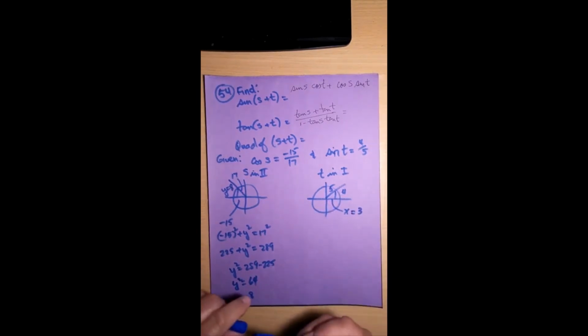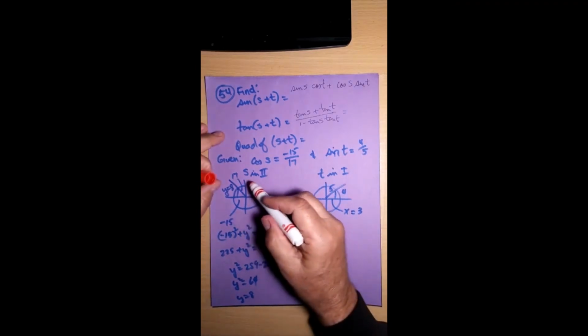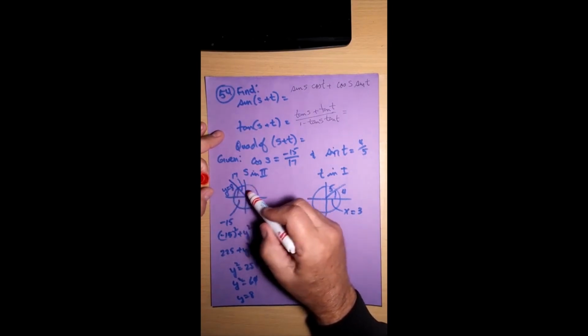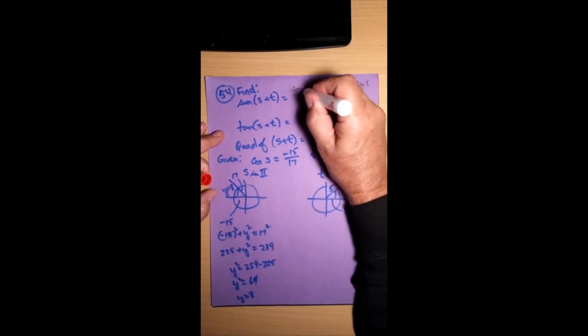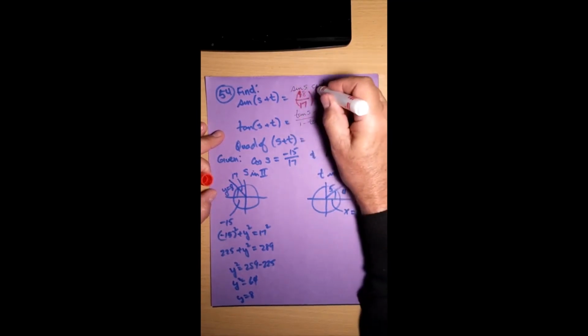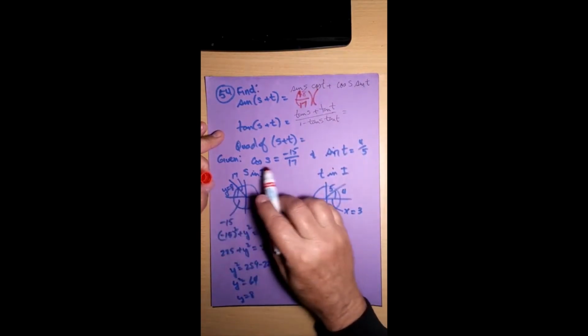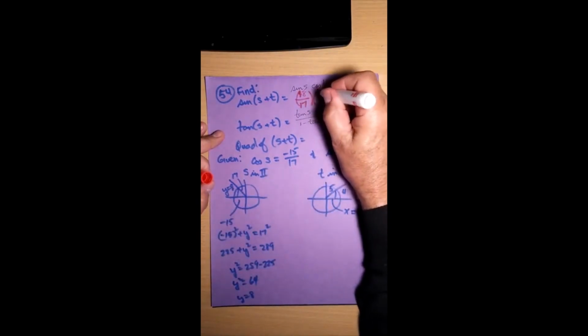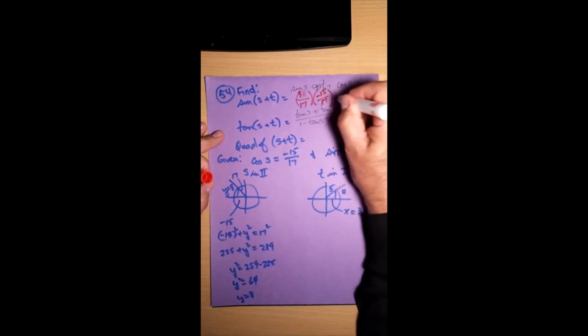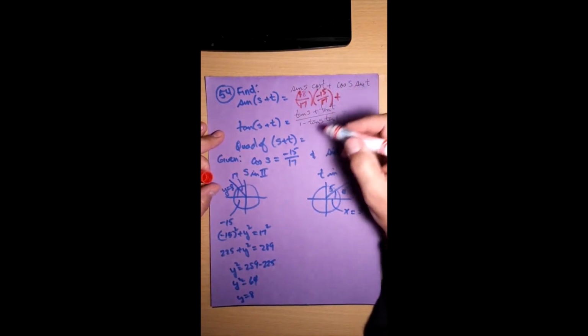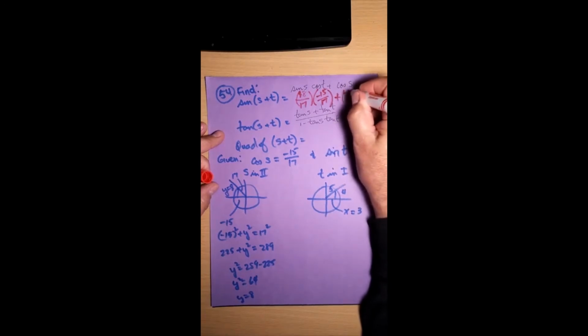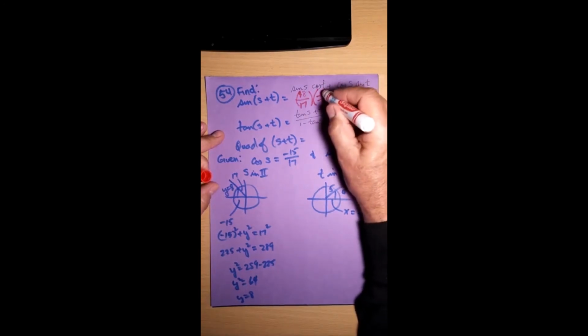So now we can go back up to our problem at the top and use what we know. The sine of s is the opposite over the hypotenuse, 8/17. The cosine of s is given, -15/17.